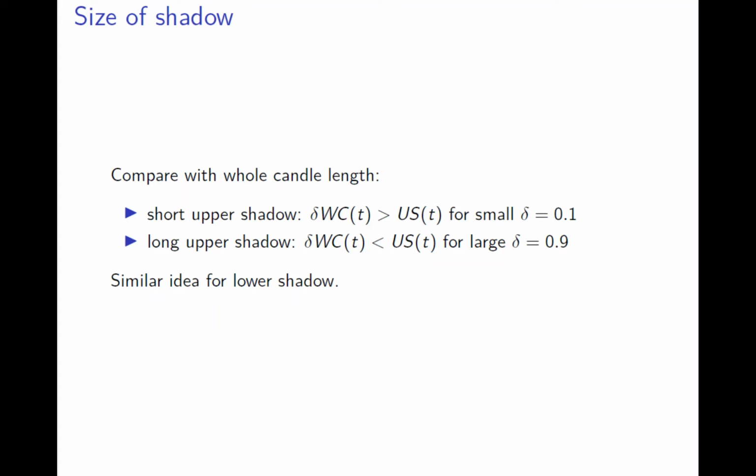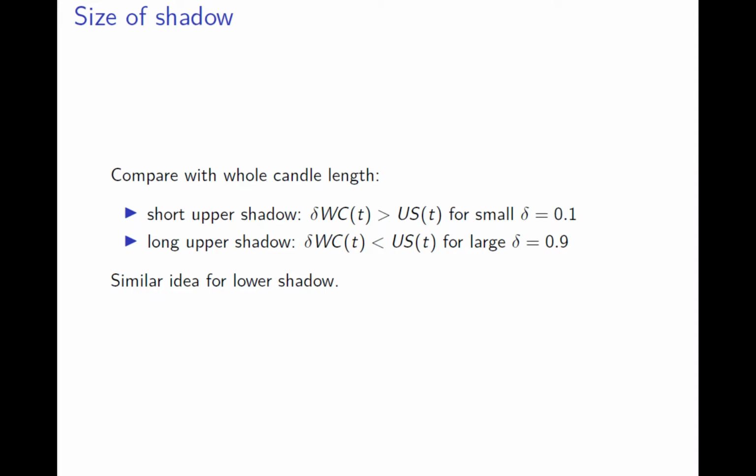And sometimes you don't want to compare the body, you can compare with the shadow. If the whole candle is small, and even a very small part of the candle is bigger than the upper shadow, then it's a very short shadow. If a large part of the whole candle is less than the upper shadow, then the shadow is very long.